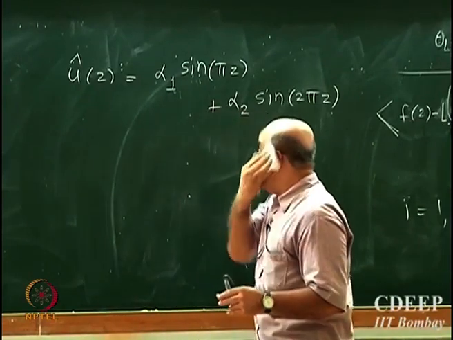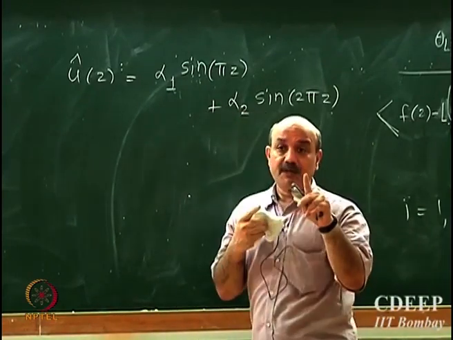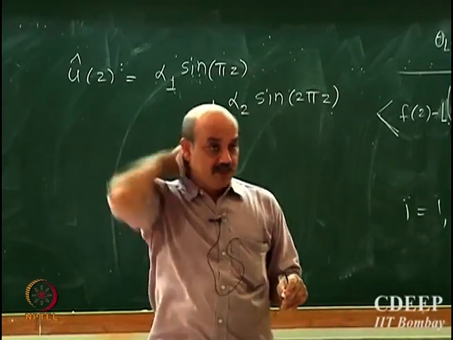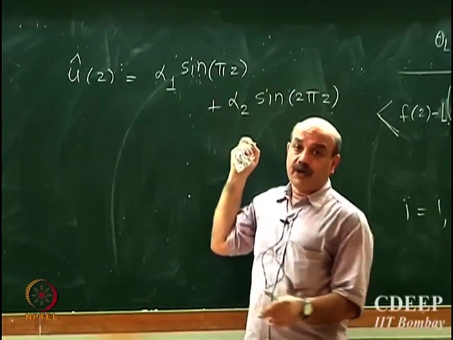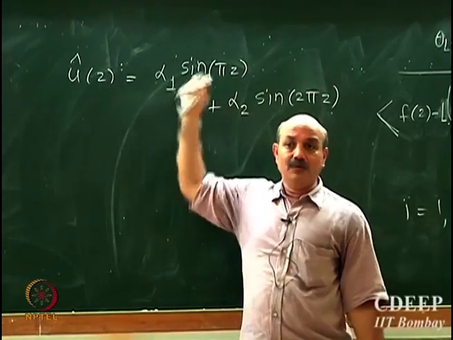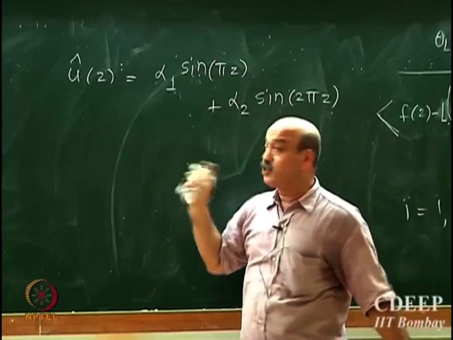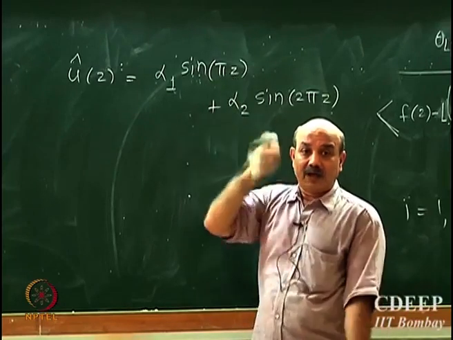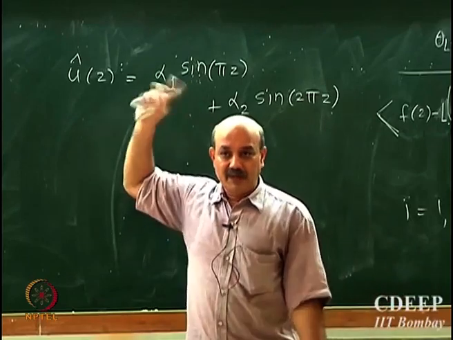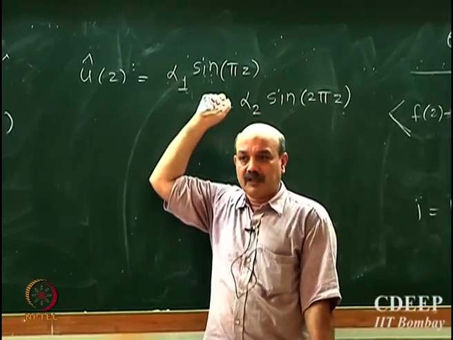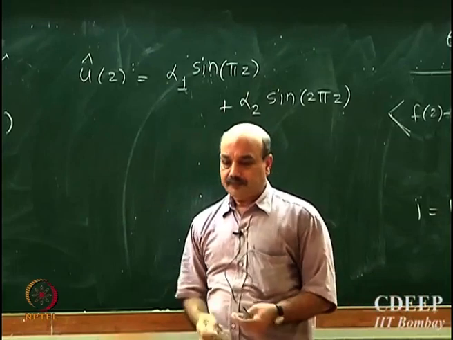Now the difference between the finite difference method and this method is that if I get alpha 1 and alpha 2, I can find the approximate value of the solution at every point z, not at a finite number of points. You get the difference? If I can get least square estimates of alpha 1 and alpha 2, I get that.